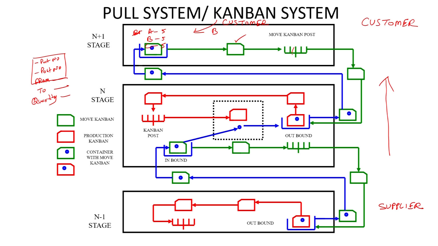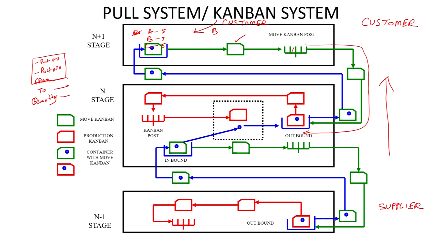Once a Kanban card is here, this becomes a trigger for the worker that material is required. So, he will pick the Kanban card from this place, bring it here, and take out the material which is lying with the red card.